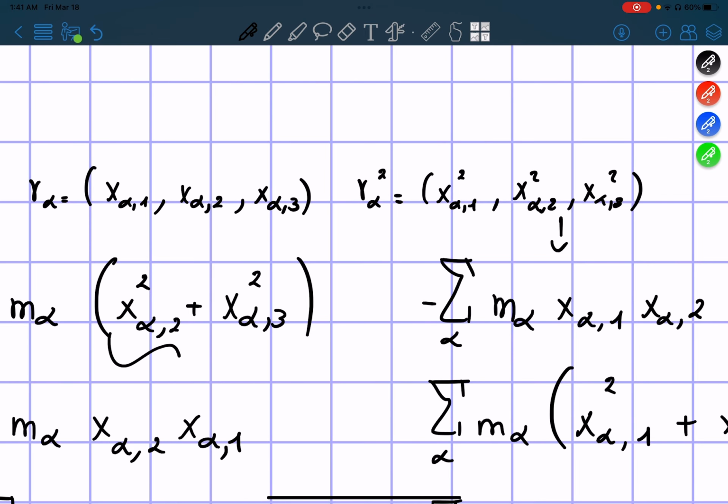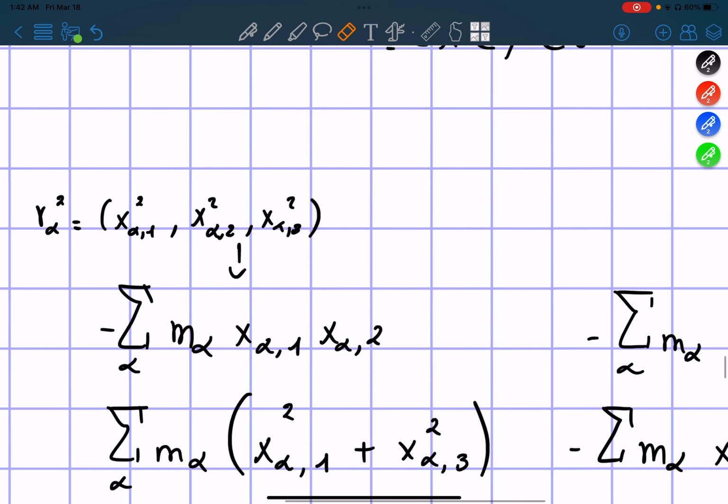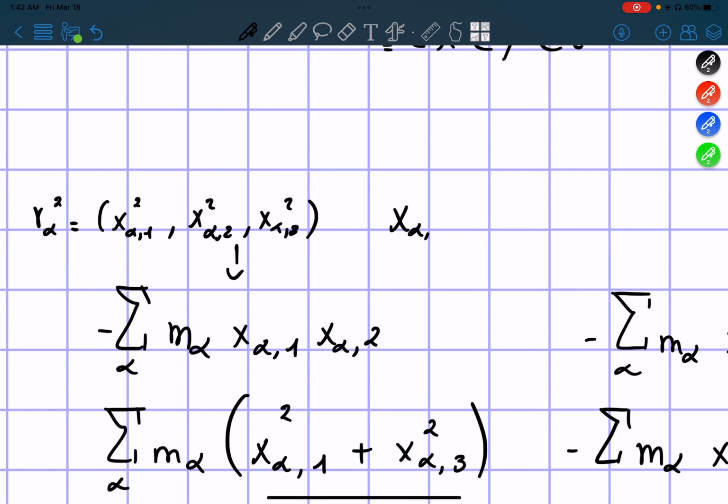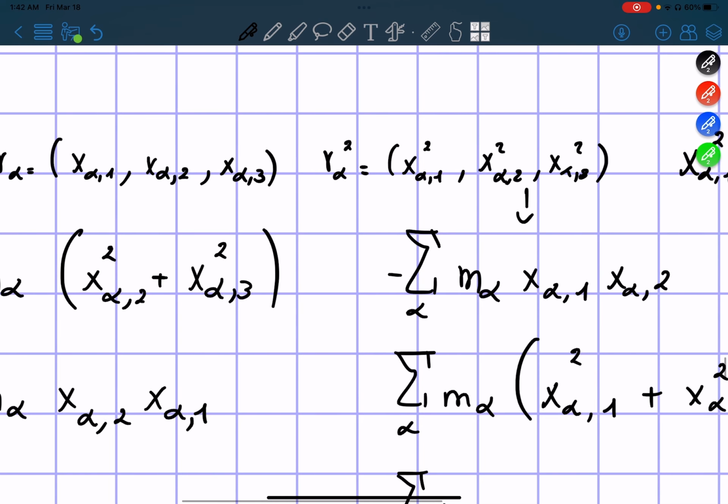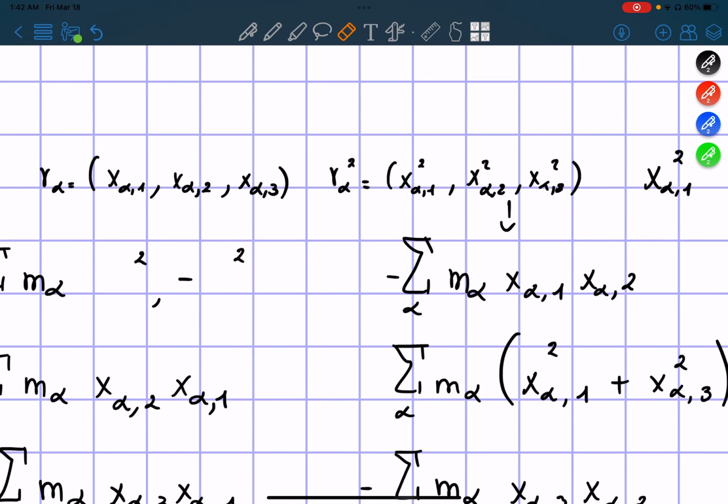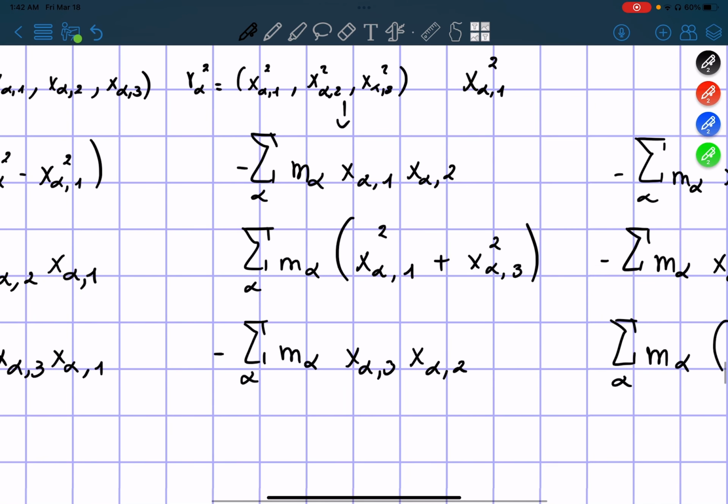So we see that we have two things right here. The only thing that is missing is the x alpha 1 squared. So we can simply write this as r of alpha squared minus x of alpha 1 squared. And we can do the same thing again for the second one right here.